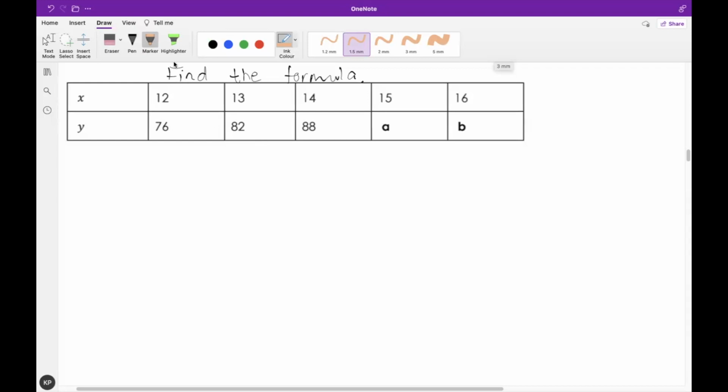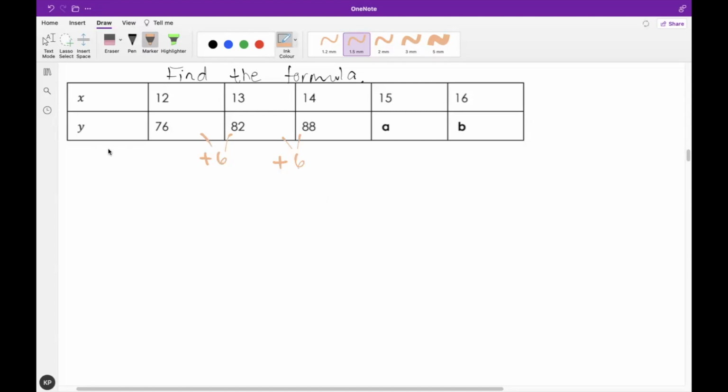Difference of 6. And difference means which operation? Subtract. Difference means subtract. So what are we actually doing here? We are not subtracting. I went from 76 to 82. So what are we doing? Adding. Nice. Adding 6. So it's a sum of 6, not difference.